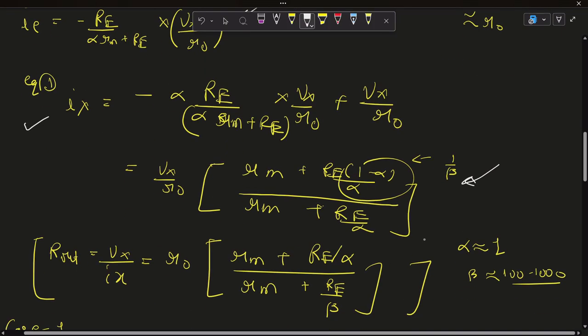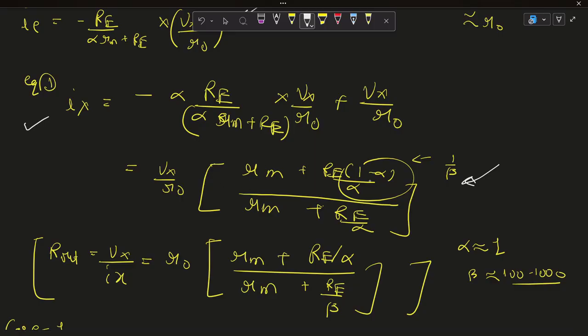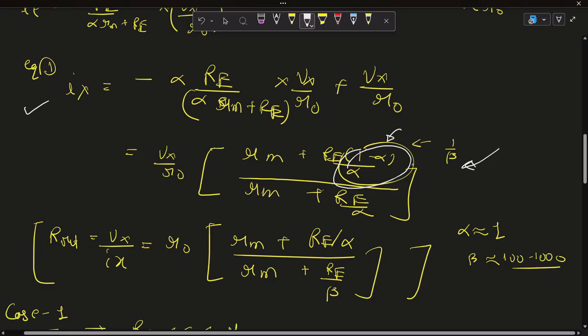we will reach this equation, which is Vx by R naught bracket Rm plus Re, 1 minus alpha by alpha Rm plus Re plus alpha. You can solve it by yourself and then come back to this equation, and this component is 1 upon beta.